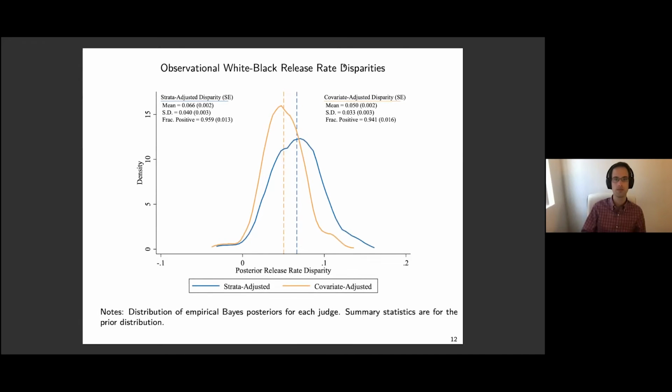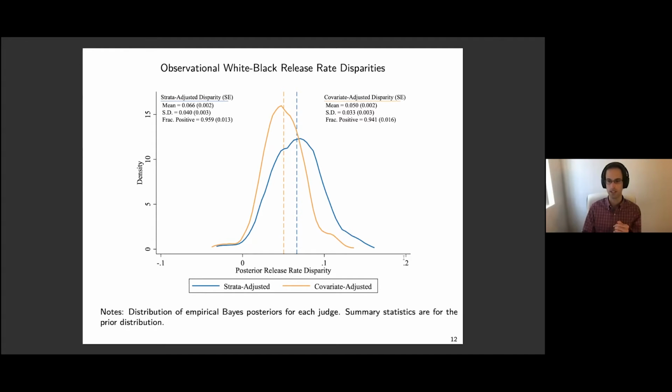To provide some motivation, we know that the overall release rate for white defendants is much higher than for black defendants. It's also interesting to know what the distribution across judges is. In this figure, we're plotting the distribution of the posterior release rate disparity.